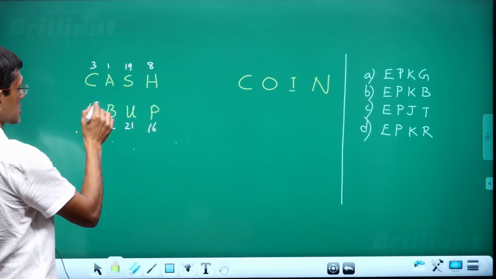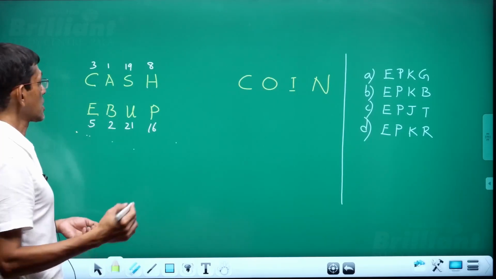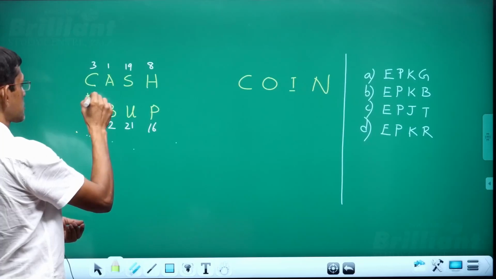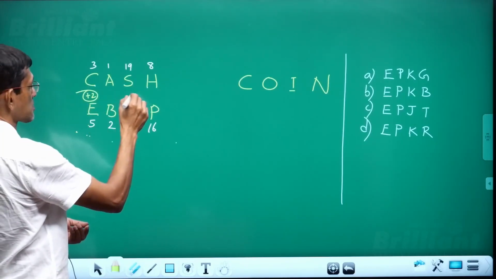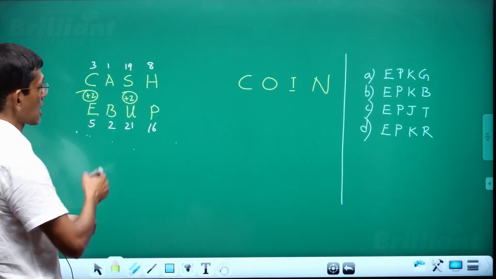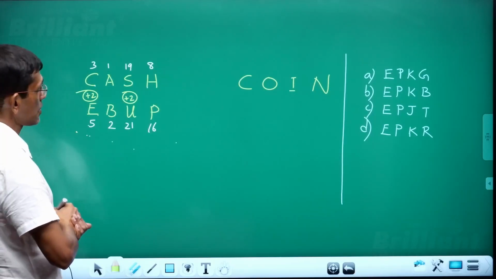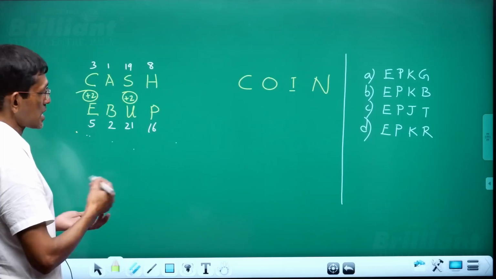However, the code doesn't change at all, because that's what is given to us. Here it is 3 and 5, so we know that it's plus 2. And 19 and 21, we know that it's plus 2. A and B, 1 plus 1 is 2. Alright, so how about 8 and 16? 8 plus 8 is 16.